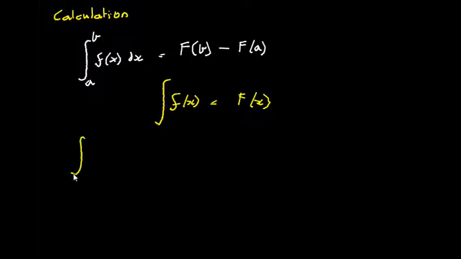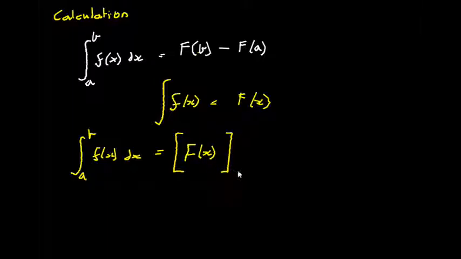Sometimes it's easier to do it in steps, instead of doing it all as one big calculation, because it is going to be quite big, as you'll see as an example shortly. Sometimes it's worth finding out what my antiderivative is first in square brackets, so I can then use the values for a and b.